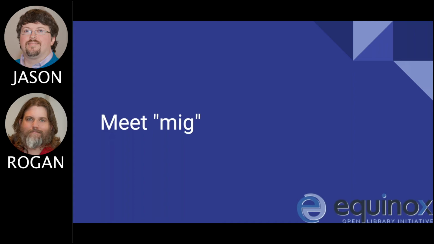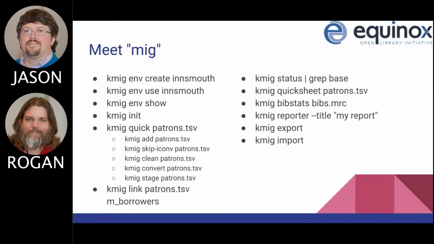So let's meet the MIG tools. I don't think this is all of them. We may be missing one or two off here, but here are a bunch of the K-MIG tools. And you'll hear us talk about K-MIG. K-MIG is in contrast to E-MIG. When MIG started, it was just MIG, and it was for Evergreen. As we've done more and more Koha migrations, and we do a pretty steady stream of them now, we discovered we really missed having these tools we used in Evergreen for Koha.